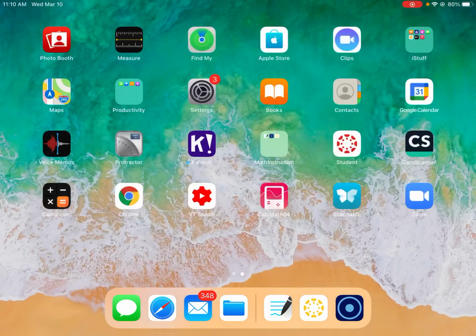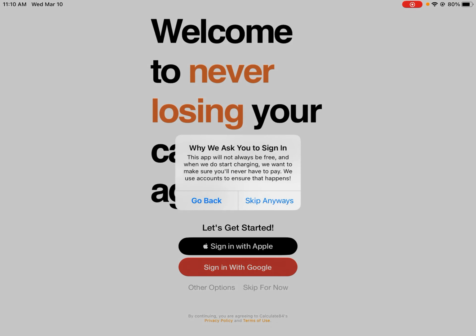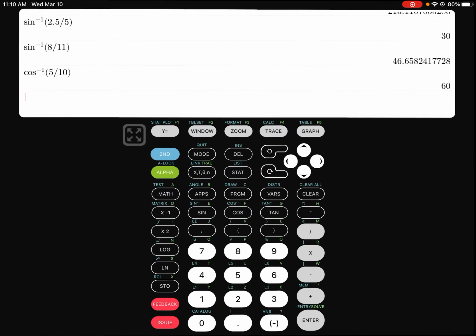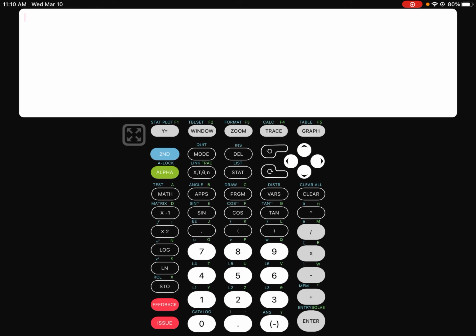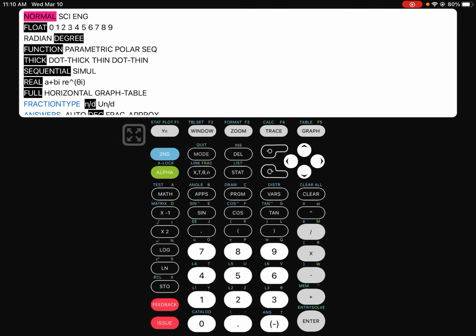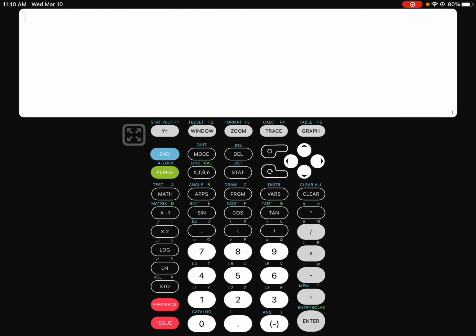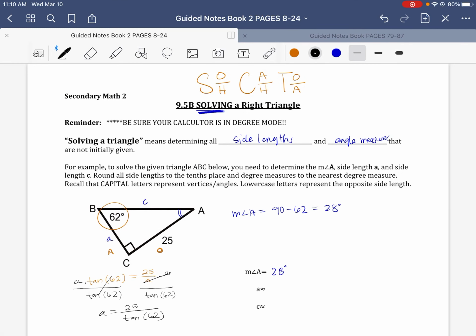Just to remind you, we then go to our calculator. Let me pull up that calculator app. We would put in, making sure we're in degree mode once again, so I can check that. Degree mode, good for me. And we're going to put in 25 divided by the tangent of 62. So it looks like we were at about 13.3.